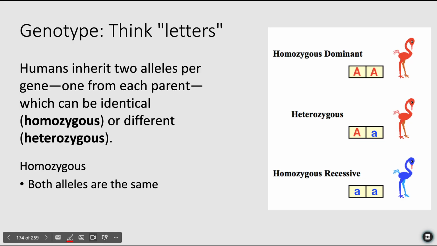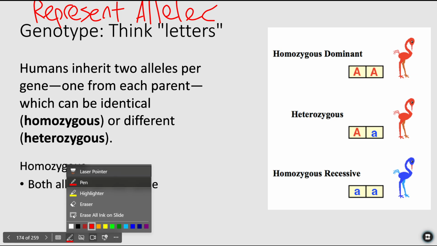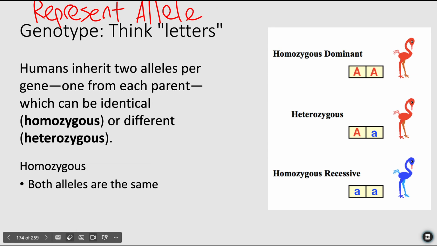Now, what do we get from mom and dad? What are the alleles? How do we represent alleles? We represent alleles as a genotype. A genotype is the letters that we inherit from mom and dad, one letter from each parent.